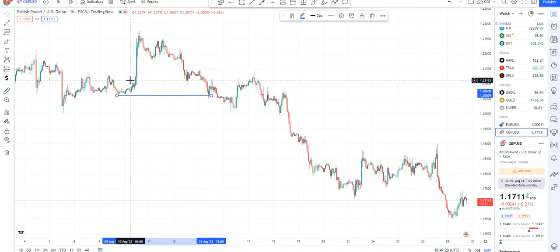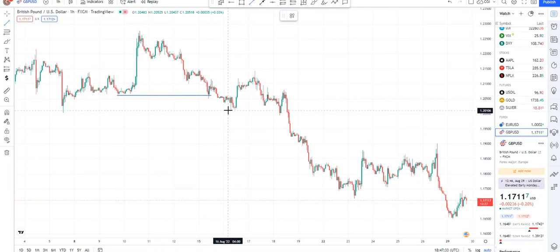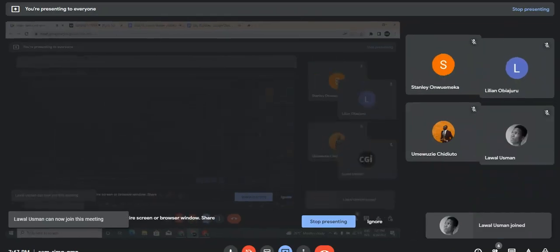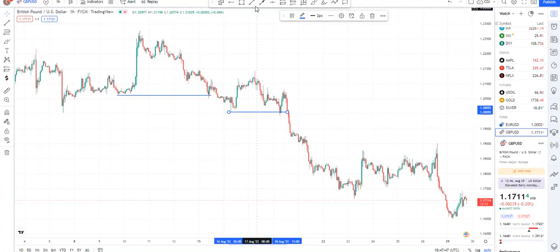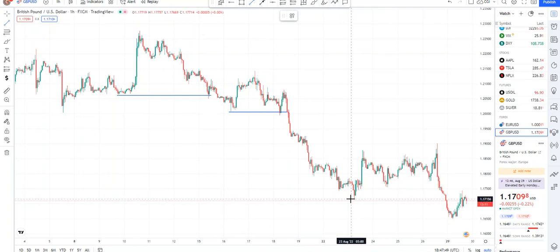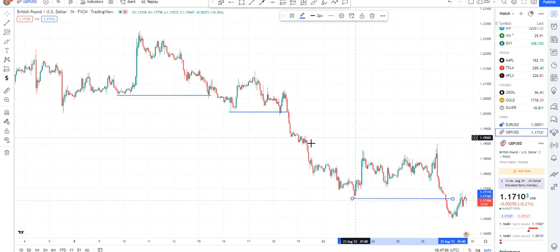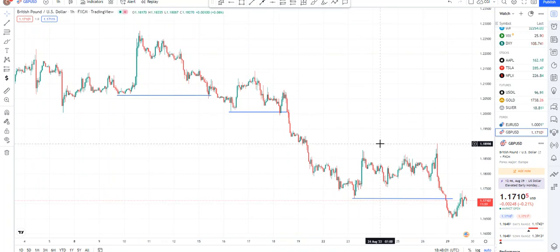This was going up and then started turning downward. This BMS continues the downtrend, this one continues the downtrend, and then this BMS here continues the downtrend as well. So these are three instances of a BMS on this chart.